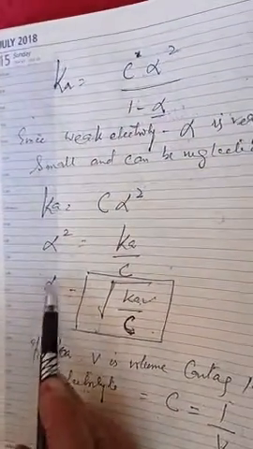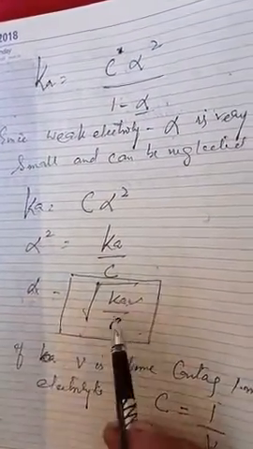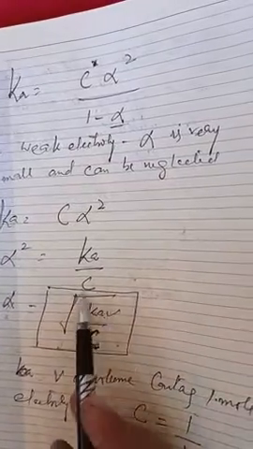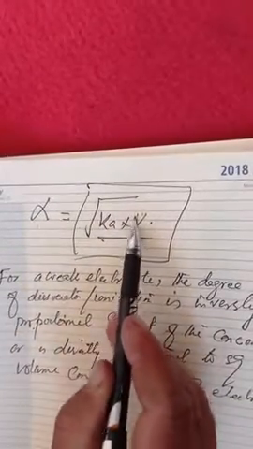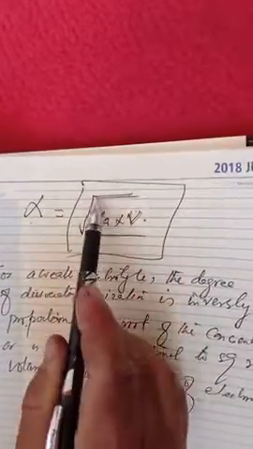From this equation I have written first, the degree of ionization or degree of dissociation of a weak electrolyte is inversely proportional to the square root of the concentration, or directly proportional to the square root of the volume containing 1 mole of electrolyte. This is Ostwald's dilution law.